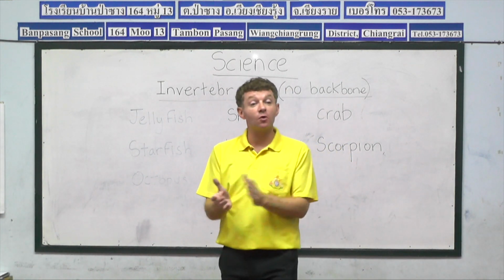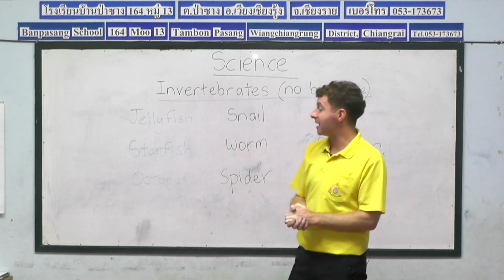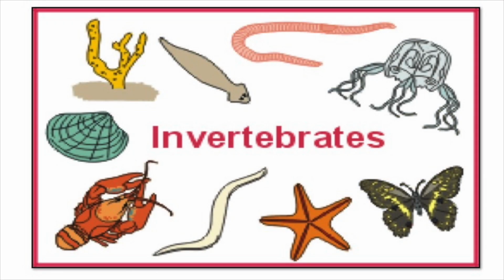So let's turn to look at the TV screen, guys, and we'll have a look now. So let's take a look at our second PowerPoint presentation about the types of animals that we can classify as invertebrates. Yes, and remember that word means no backbone. These are the group of animals that don't have a backbone.